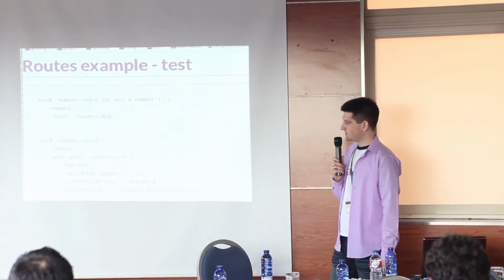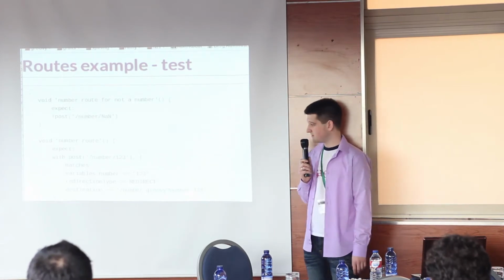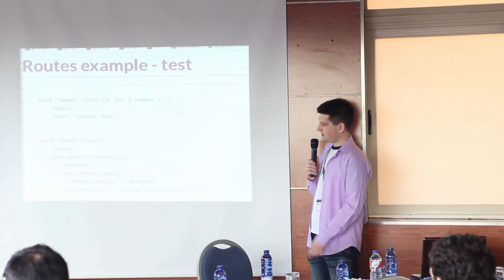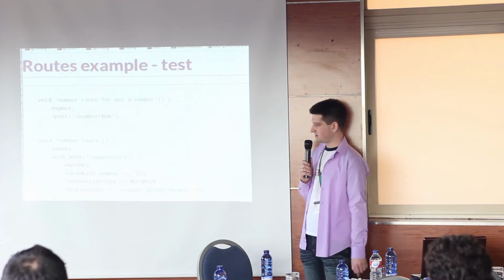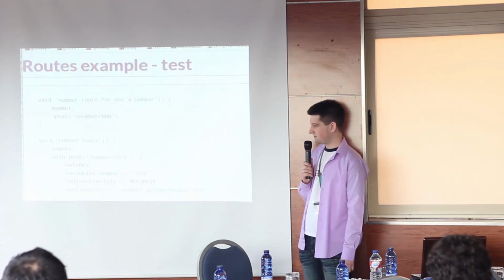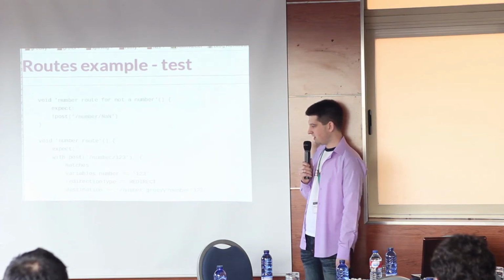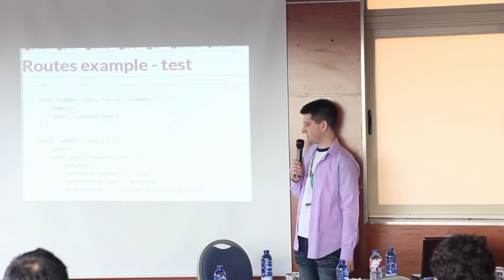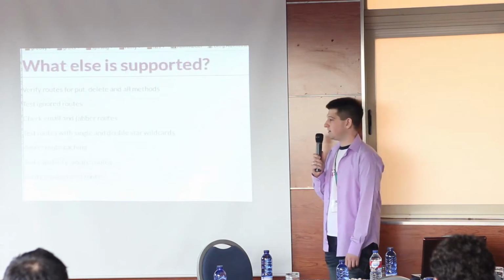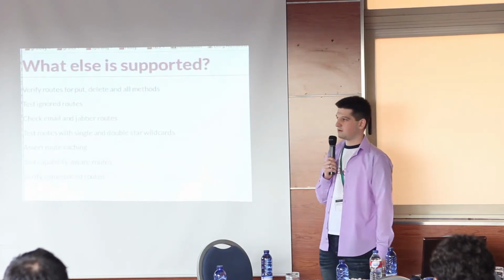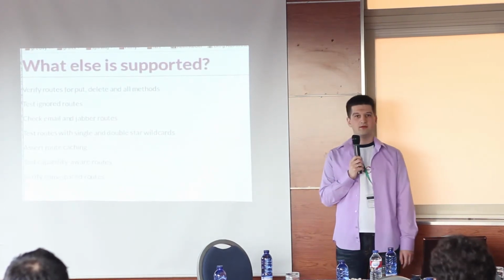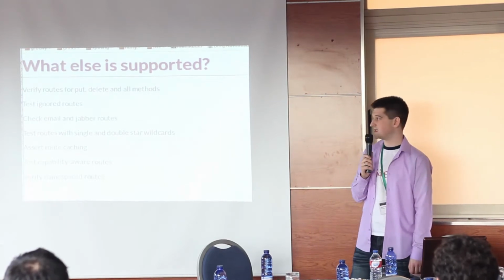When it comes to testing path variables, we can see how they can be asserted. We are asserting that variables.number is 123, and we can also test our destination URL with the path variable value injected into it. Basically, all the functionality of Gaelyk routing is supported.